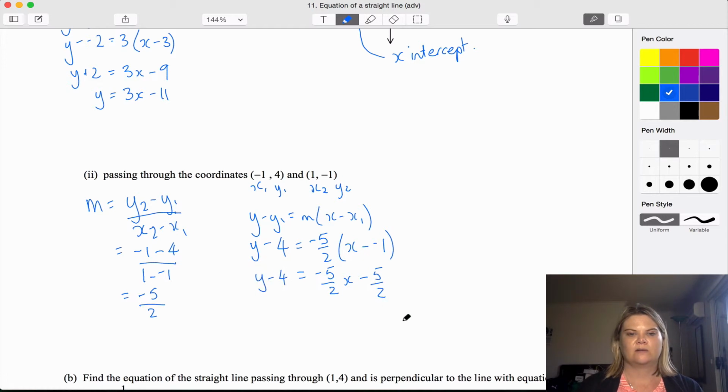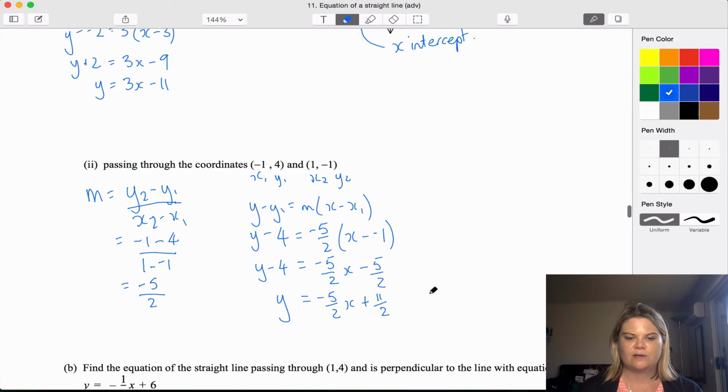That's still y minus 4. y will equal negative 5 on 2x and negative 5 on 2 plus 4, which would be 11 on 2, or 5.5. That would be plus 3 on 2. Not sure where I got that other solution from, 11 on 2.